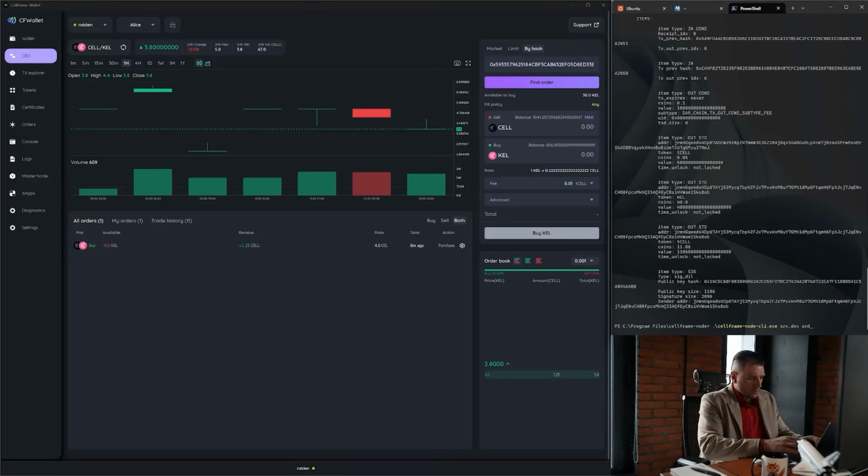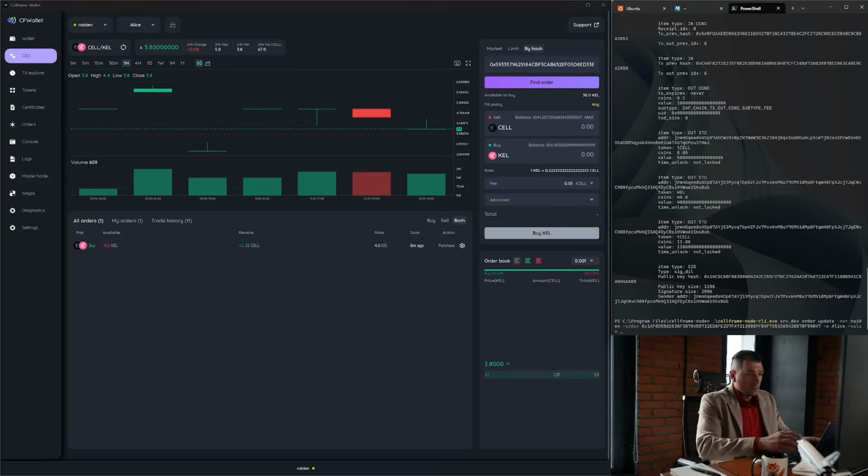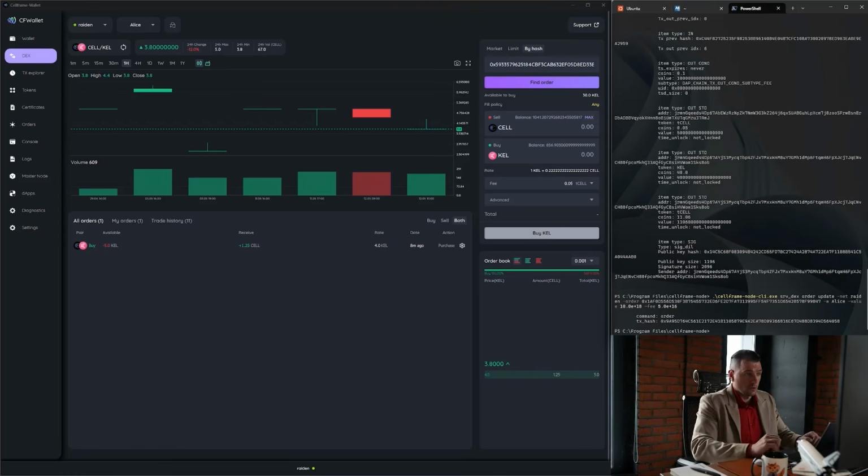Cellframe DEX order update, hidden order using the same transaction hash, wallet Alice, value. Let's specify, for example, 10.0 Kel. Fee is mandatory as well.